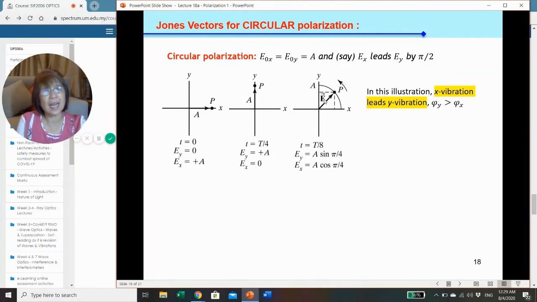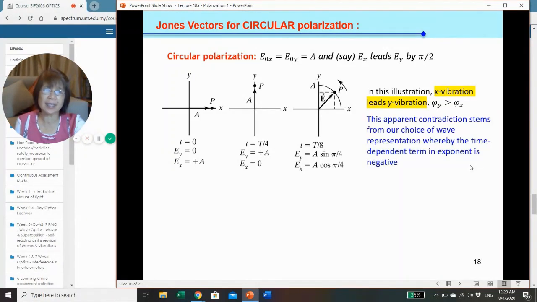Now, looking at this illustration, you will see that basically the X vibration is leading the Y vibration, but phi Y is larger than phi X. This apparent contradiction comes about because of the way we choose to represent the wave, in which the time-dependent term in the exponential part is negative.